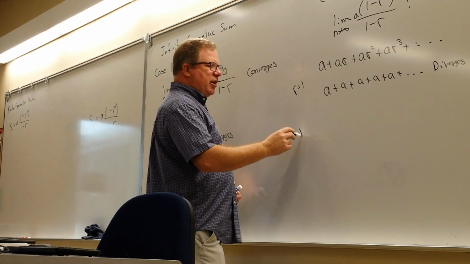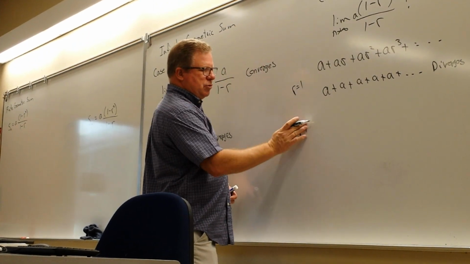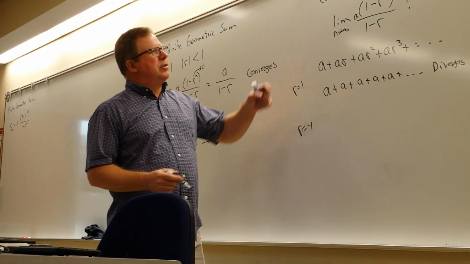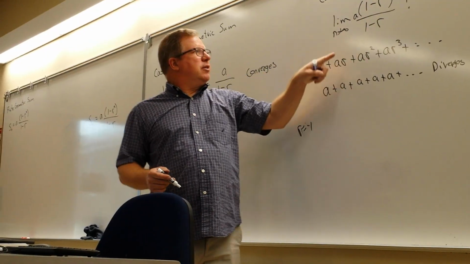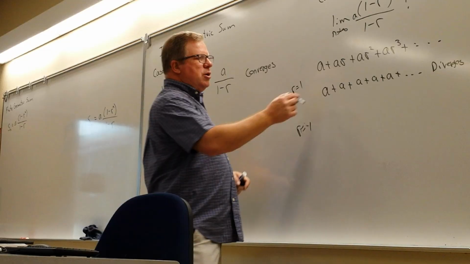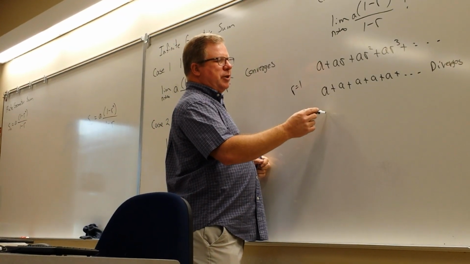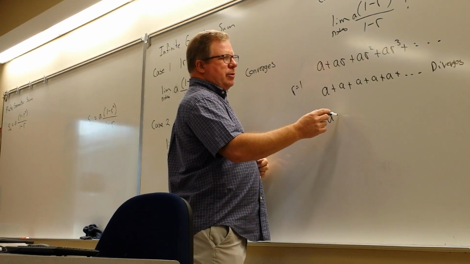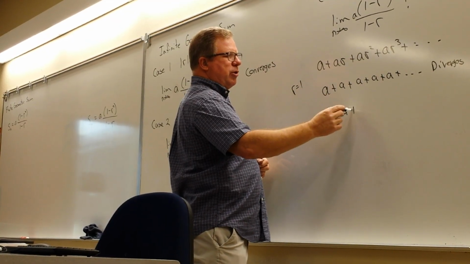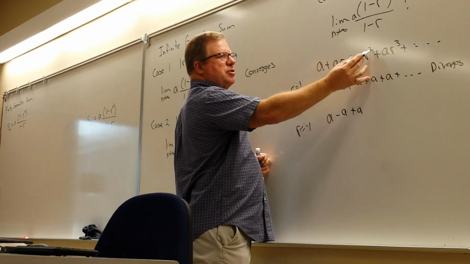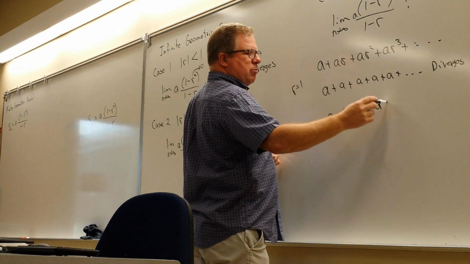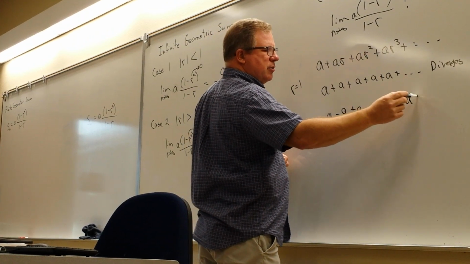What if r is negative 1? Yeah, because remember, we said absolute value of R equals 1, so R could be negative 1. Then you're going to get a, if R is negative 1, that'll be minus a, that'll be plus a, because negative 1 is being raised to an even. Raise it to an odd, you get minus a, plus a, minus a.